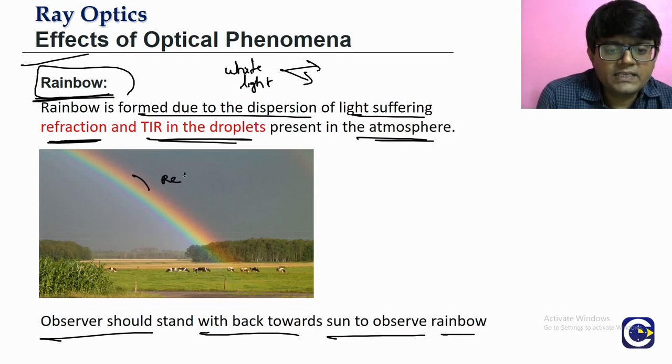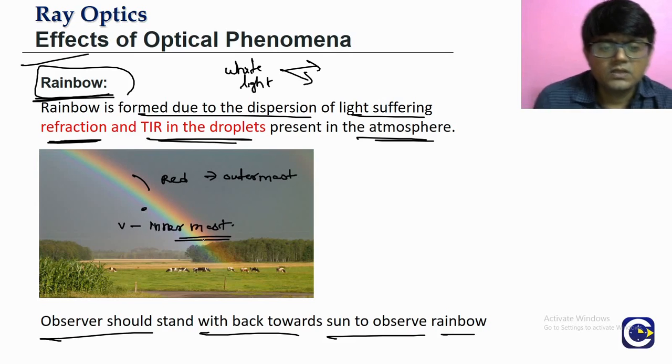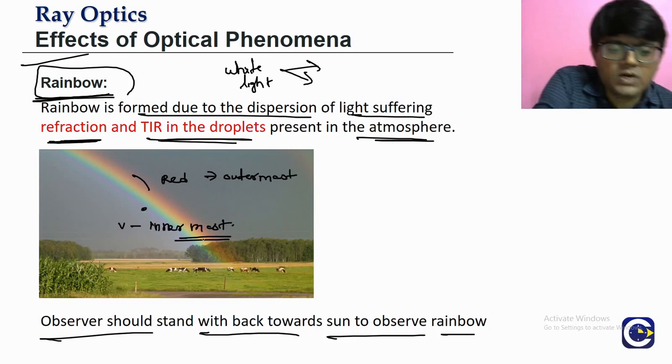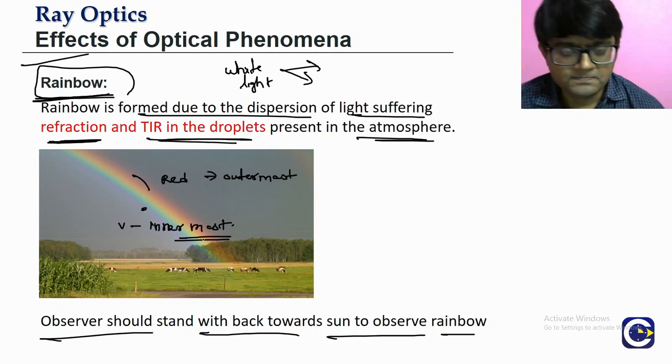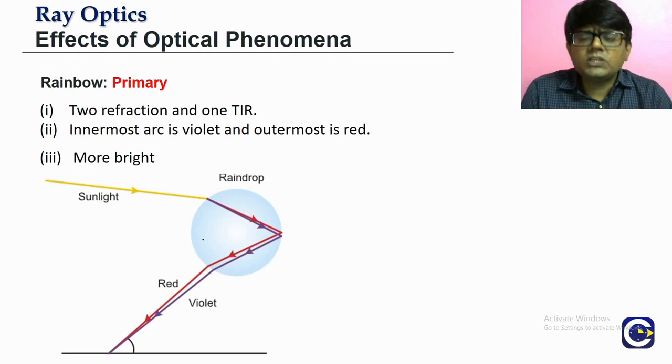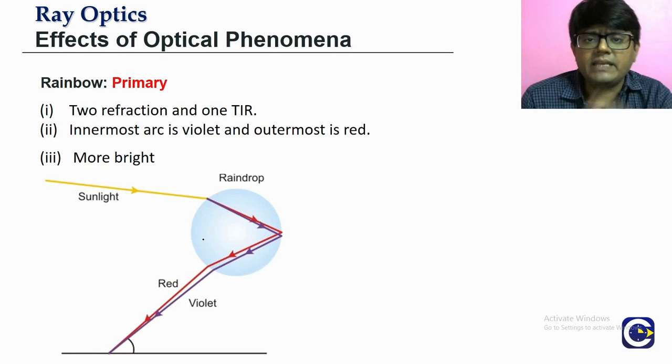The red is the outermost and violet is the innermost. The outermost layer of the arc is predominantly red, the innermost layer is violet. This is what we generally call the primary rainbow.